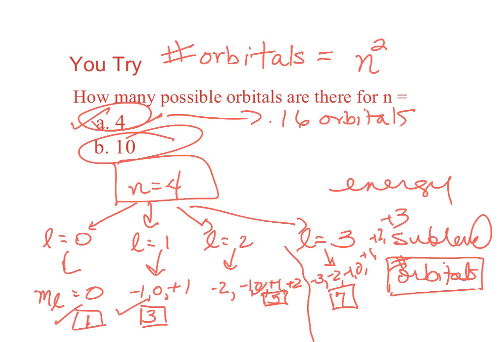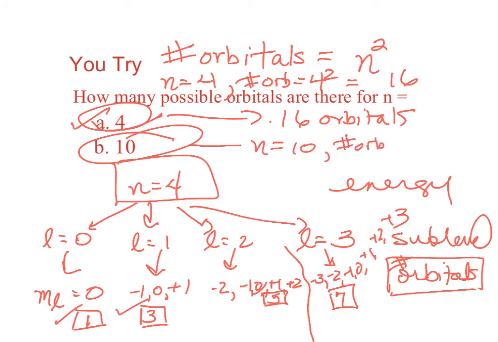For example, if n equals 4, the number of orbitals is 4 squared, or 16. If n equals 10, the number of orbitals is 10 squared, or 100. Aren't you glad you didn't have to do that the long way? That's a good little thing to remember. I would jot that down.